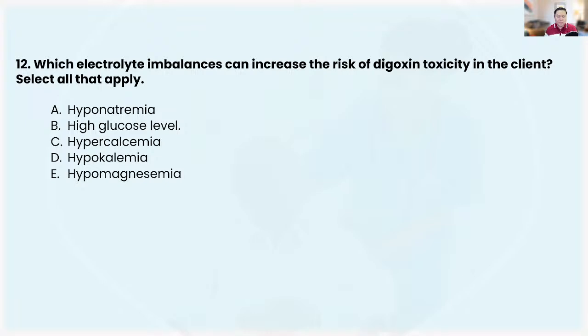All right, so these are the electrolyte imbalances in the options. Which electrolyte imbalances can increase the risk of digoxin toxicity in the client? Select all that apply.